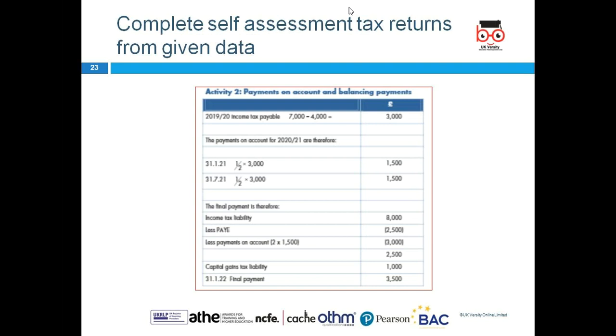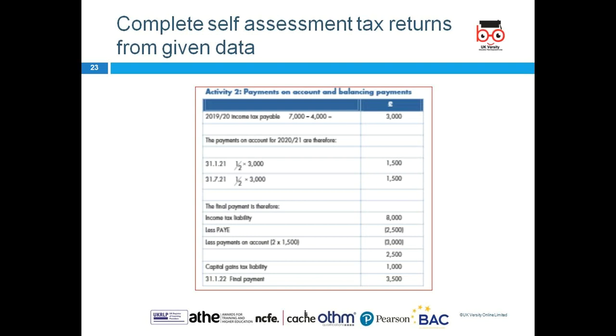Okay, we can make the payment in this way. The final payment is therefore the income tax liability of 8,000, less what we have paid through tax deducted at source, and less the payments on account. There were 2 payments, 3,000, and then we have the final one, and then capital gains tax up to the 31st.